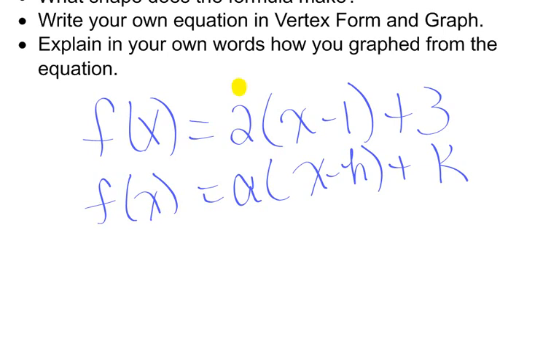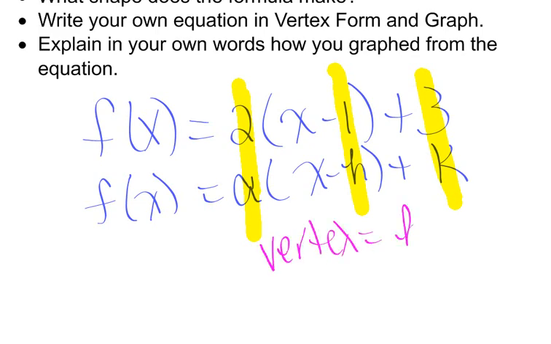So that means that a is equal to 2, h is equal to 1, and k is equal to 3. Well, I can pluck my vertex out of here because we know the vertex is equal to h comma k, right? So that's going to be 1 and 3.